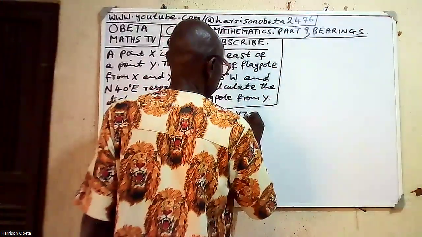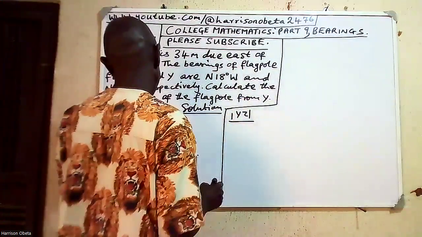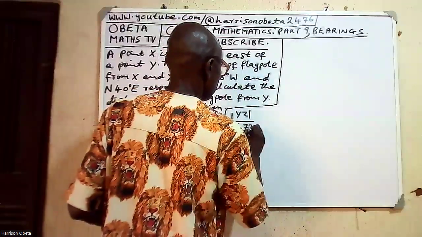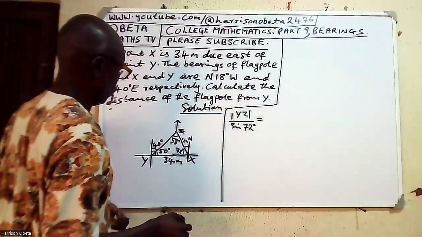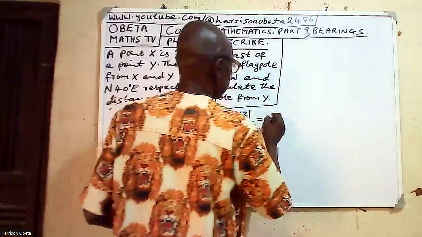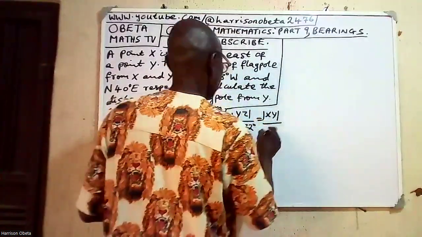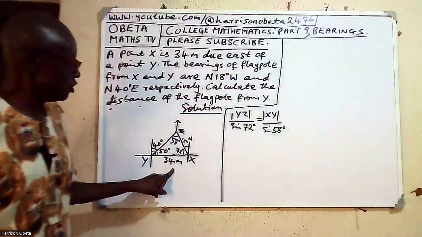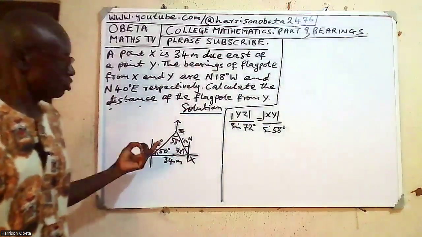YZ over sine 72 is equal to XY over sine 58 degrees. You have to use the side you know plus its angle, then you'll be able to get the side you don't know.